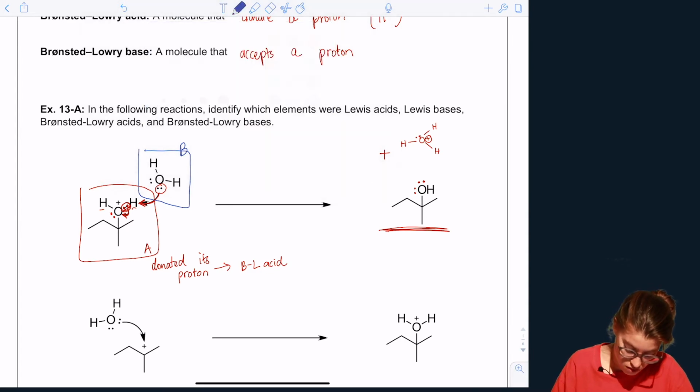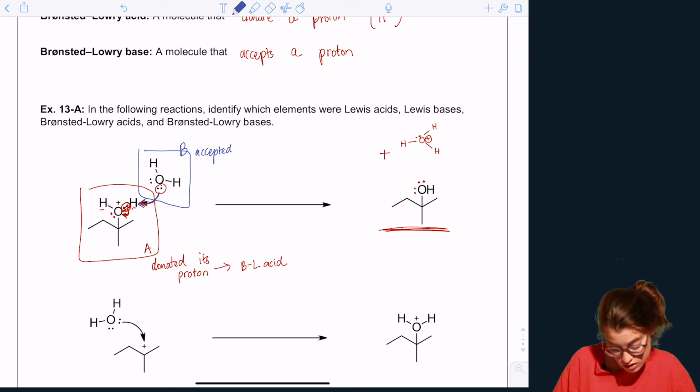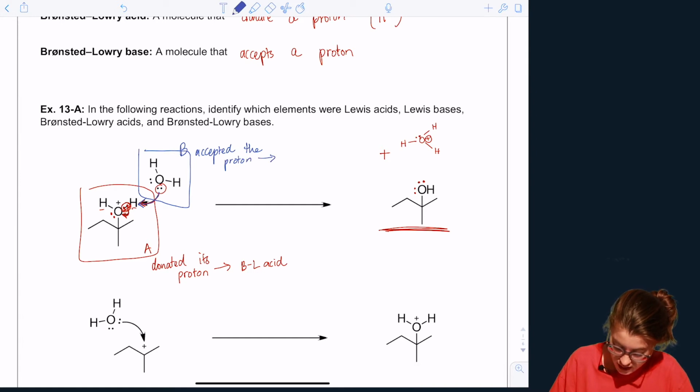Molecule B, the water molecule, accepted the proton. It kind of stole the proton, but that's fine. It's just a choice of words. Accepted the proton, and so it can be classified as a Bronsted-Lowry base.